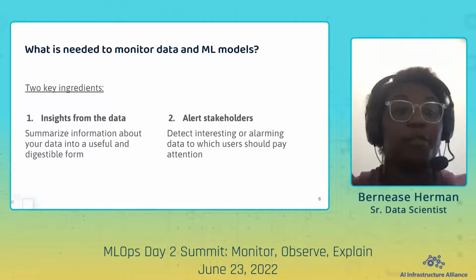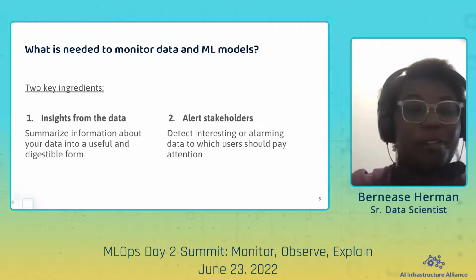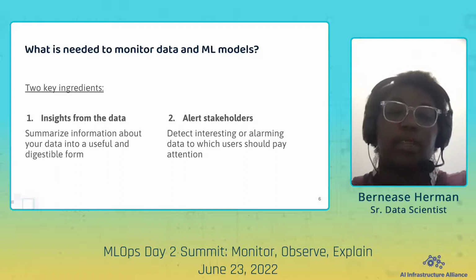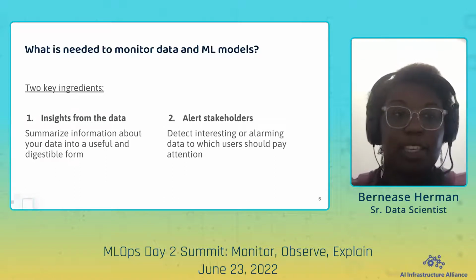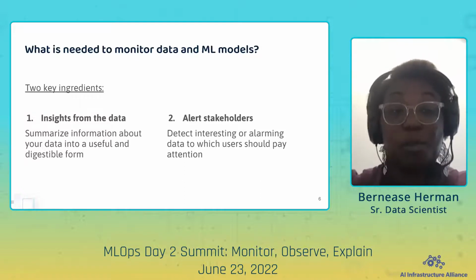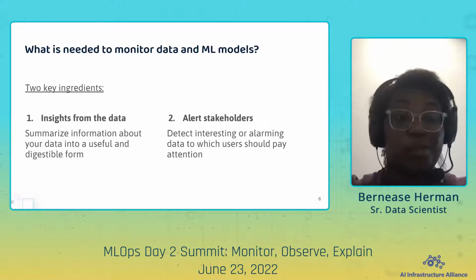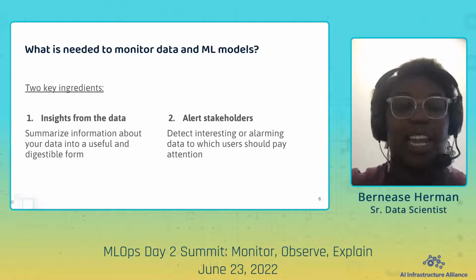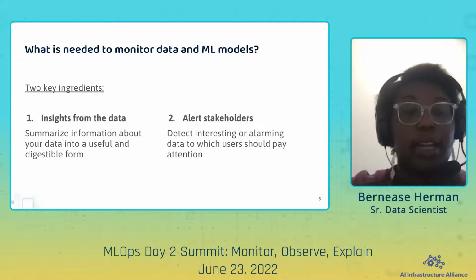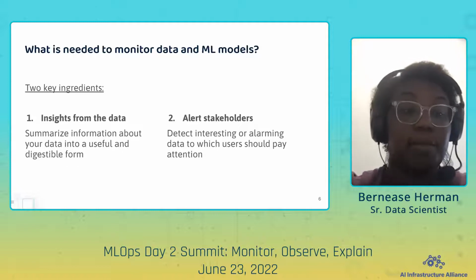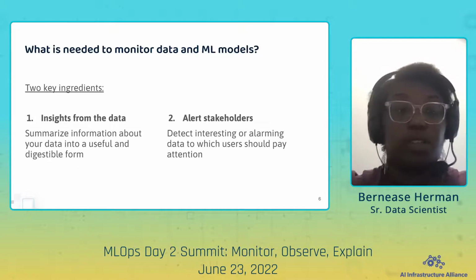So summarizing information about the massive amount of data you likely have into a useful and digestible form. Without that, you can't provide insights or specific things to monitor. What you're providing is access to data, which can be great in some ways, but not what we're normally talking about. And the second is alerting the stakeholders or users.